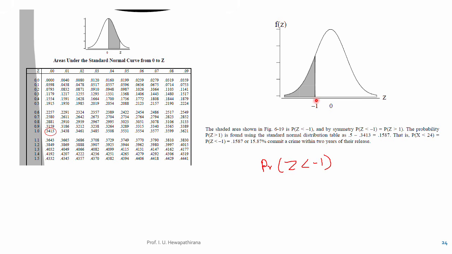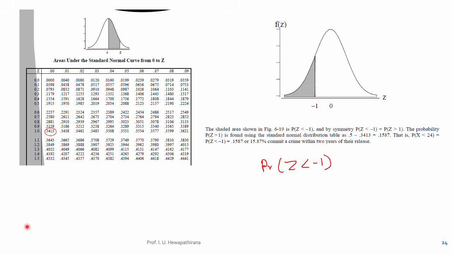So this is the area that we want to calculate. However, when we look at the table, it defines all the probabilities between 0 and a given value. So it always gives the probabilities in this second half of the curve. We don't have any minus probabilities defined for this table. So if we want to use this table, we have to use some transformations.